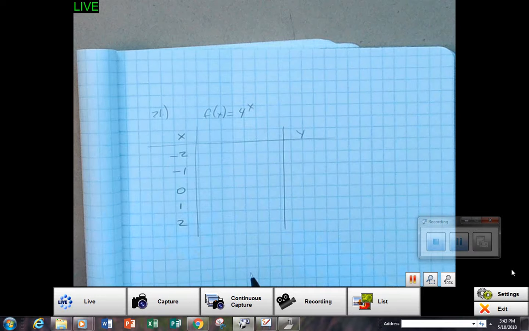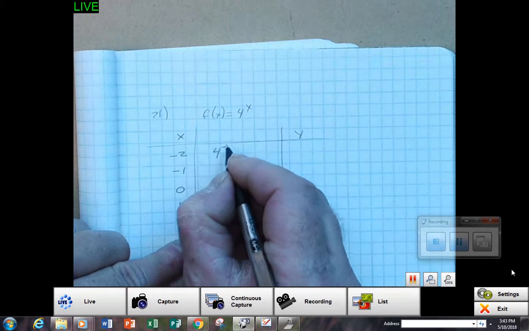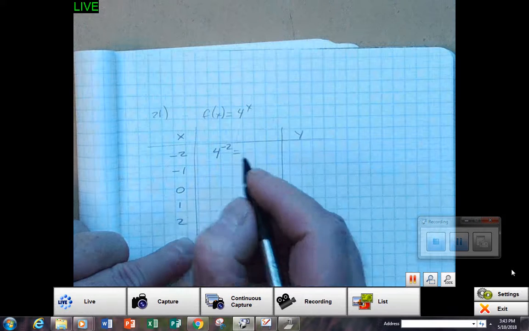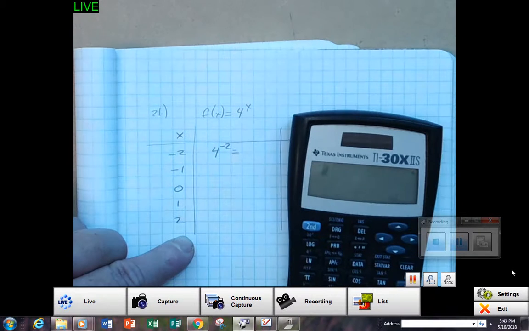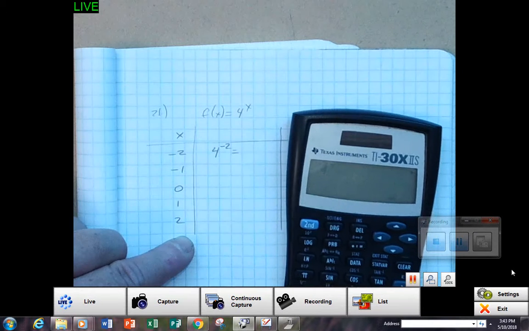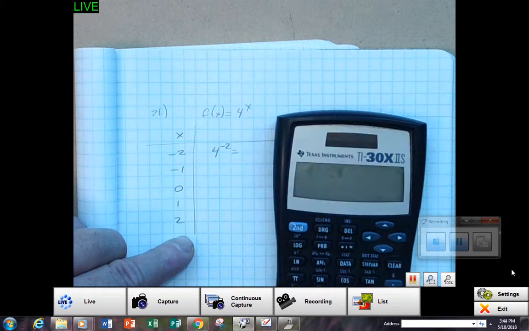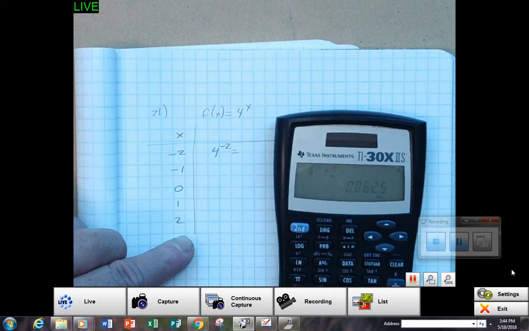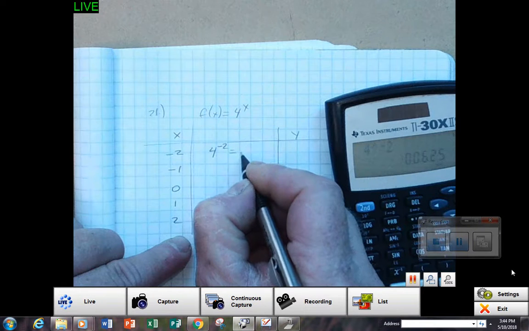So when I plug in negative 2, I get 4 to the negative 2 power. I'm going to use my calculator. I would suggest doing that. So 4 raised to the negative 2 power gives me 0.0625, which is a very small number.